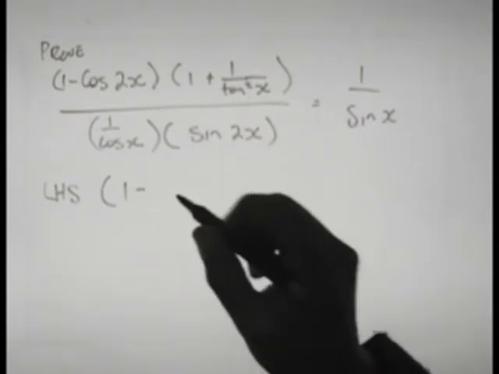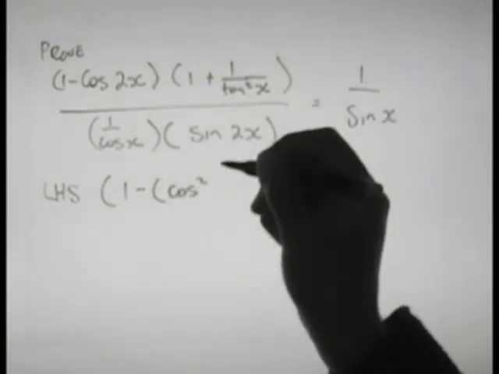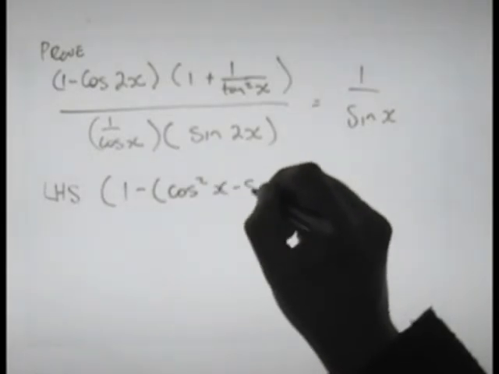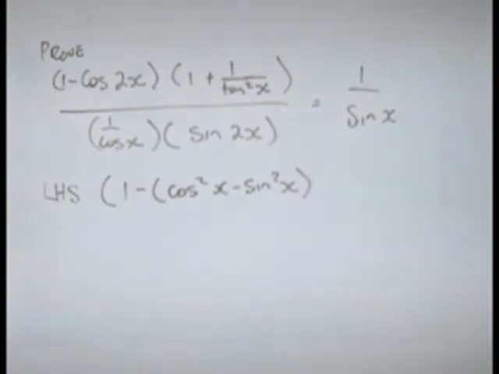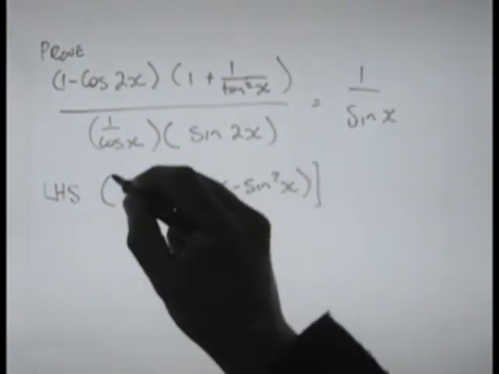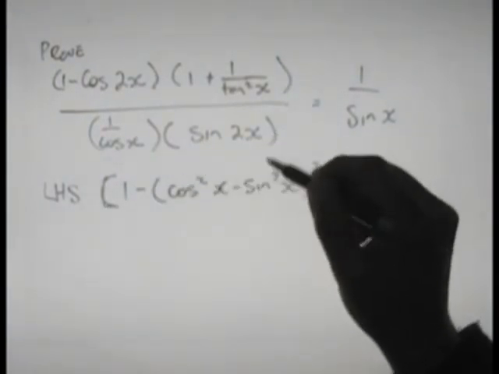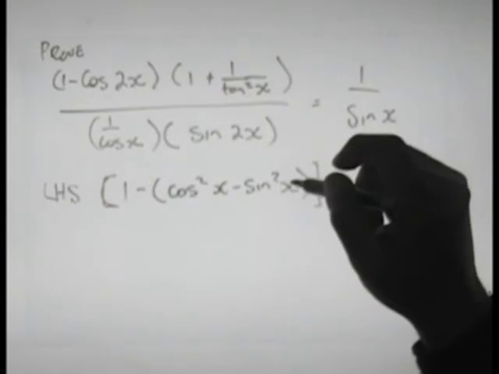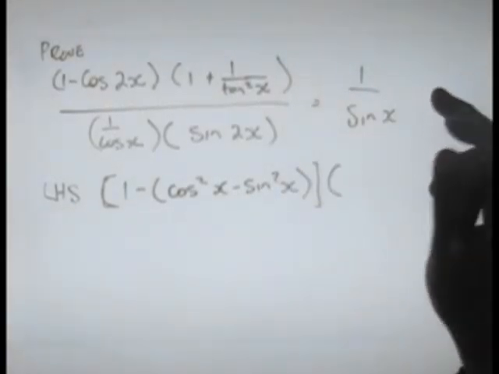Although there are three possibilities, I always like to start with cos squared x minus sine squared x, because this one is the easiest to manipulate further, or rather it's the most noticeable. So assume that there's only one real identity for cos 2x as opposed to the three that do exist.